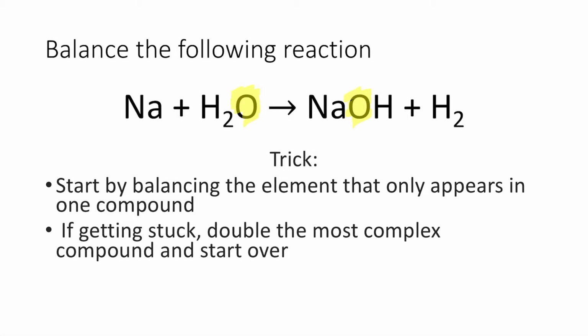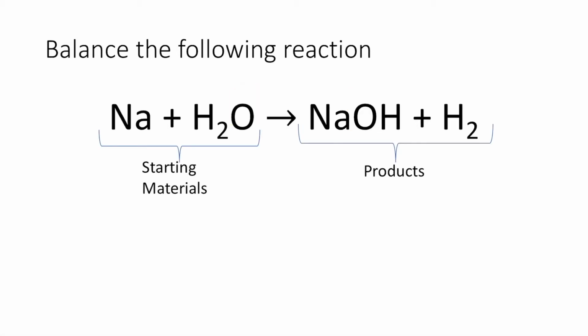As mentioned in the previous example, I have identified the compounds that are my starting materials and the ones that are my products. After that, I have a list of elements that appear on both sides of the equation, and here are the numbers of elements that I have counted.